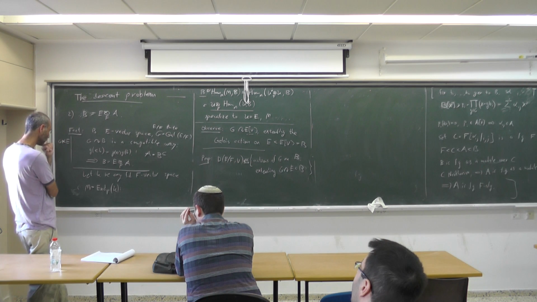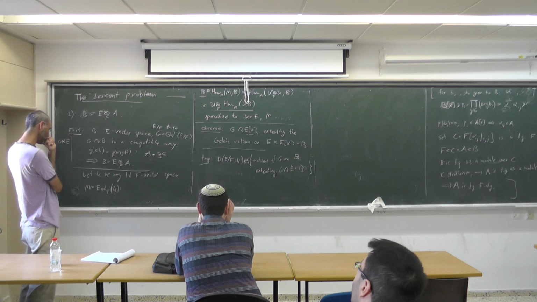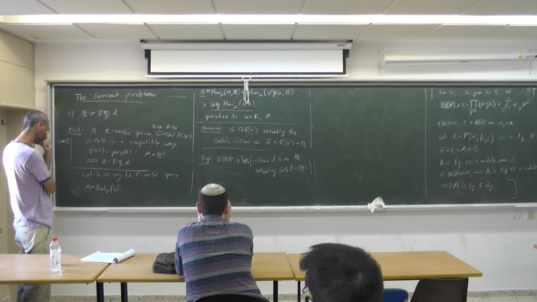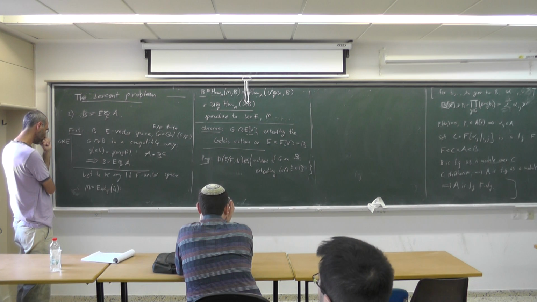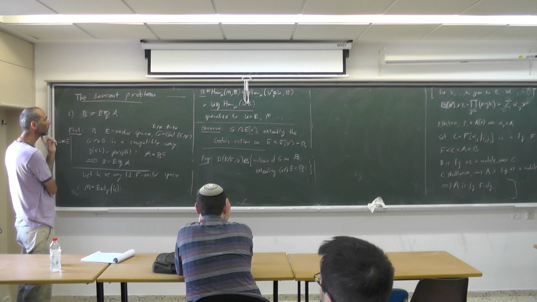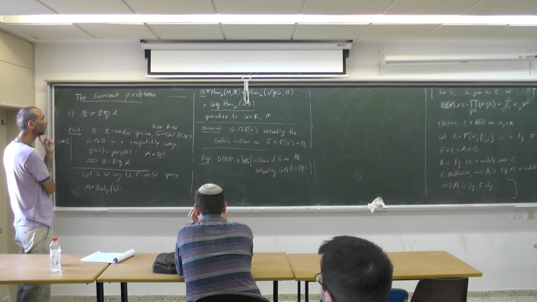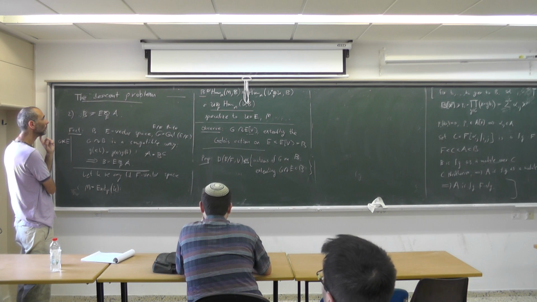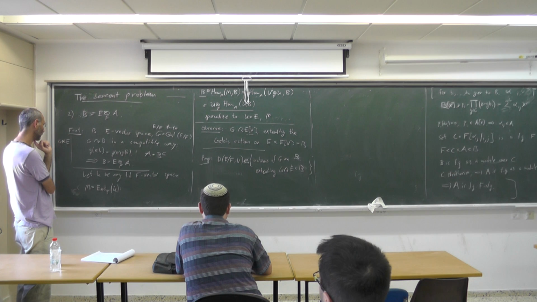It's okay in the case that I want to consider. Usually you just define the function so it's injective. The usual proof is to define the function from E tensor A to B and show it's a bijection.